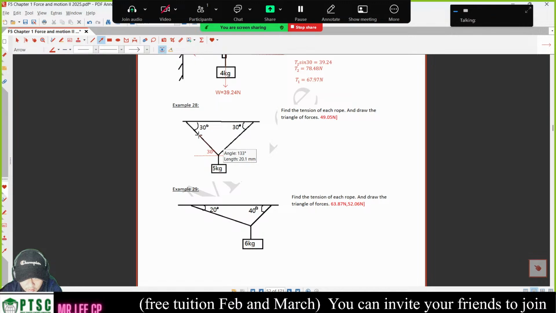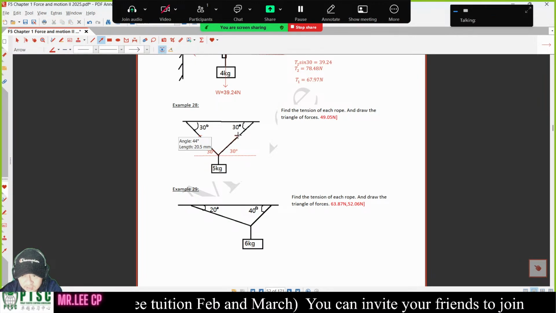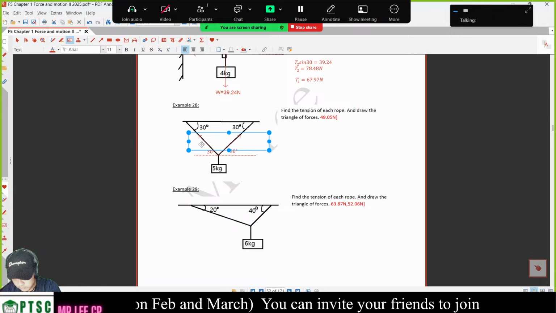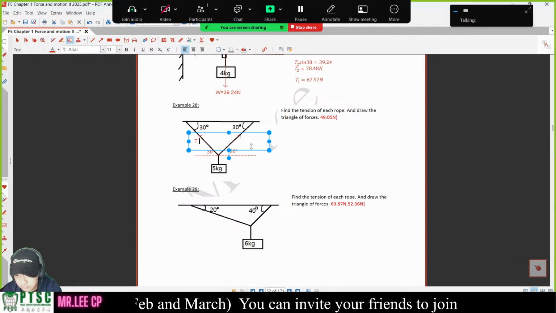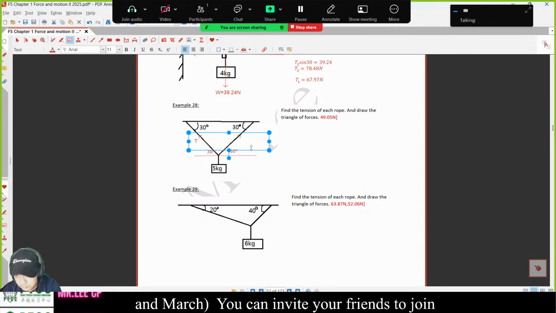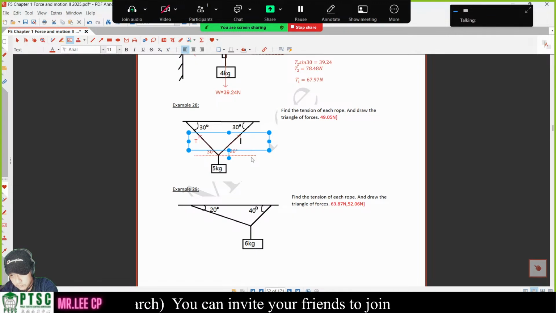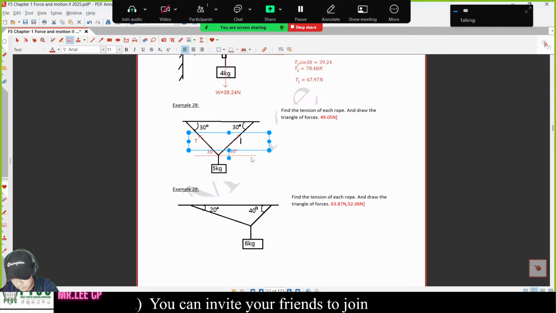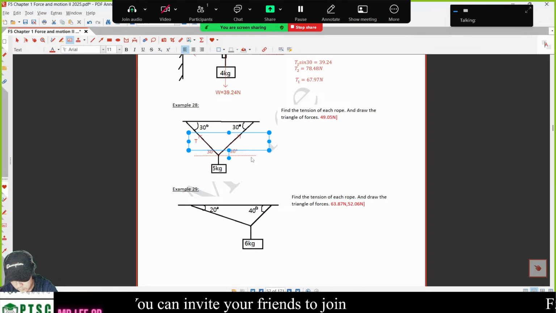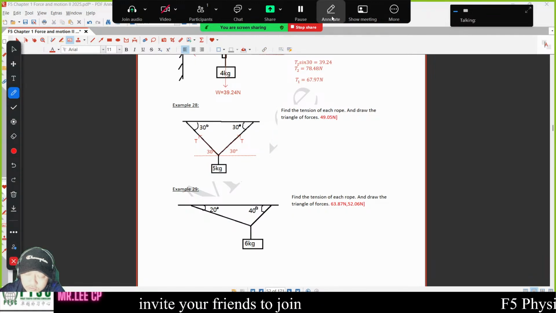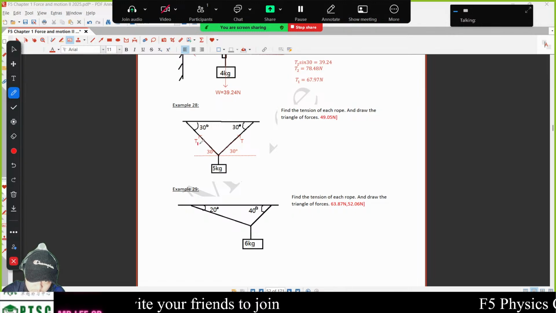This one is T, and this one is also T. Of course you may ask, isn't this one T1 and T2?